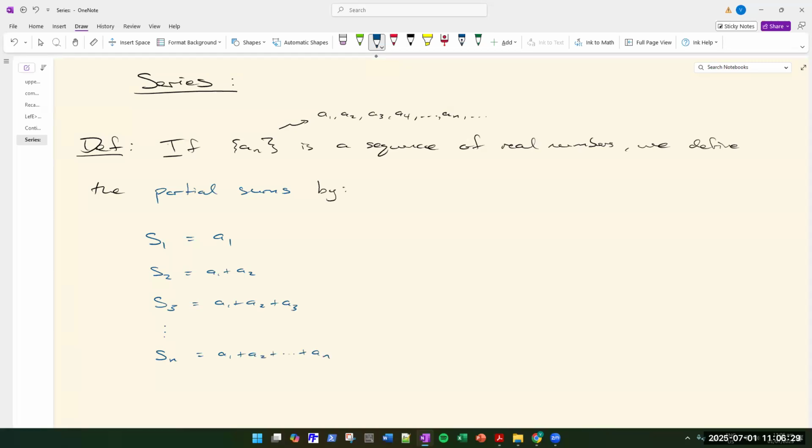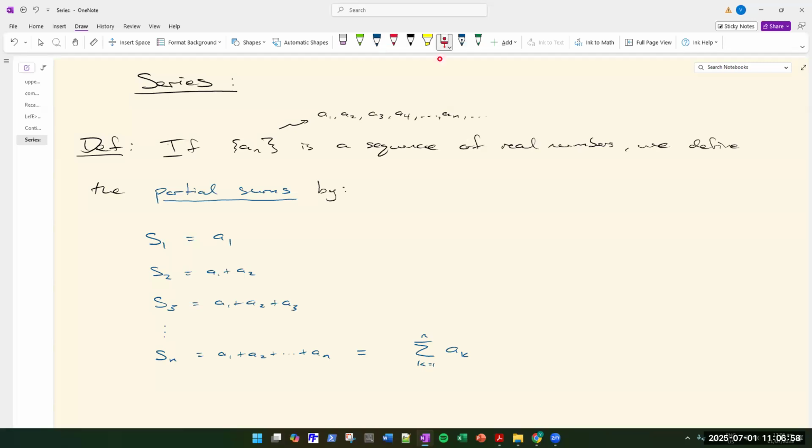After a while it becomes a bit tiring to keep writing all of this. So instead, we just write that the nth partial sum is the summation of a_k, where k goes from 1 to n. k is a dummy index, meaning I could use whatever letter I want. So it's just the sum of the first n terms.